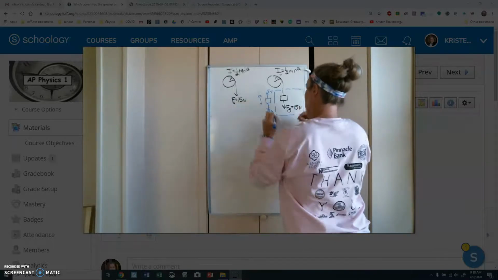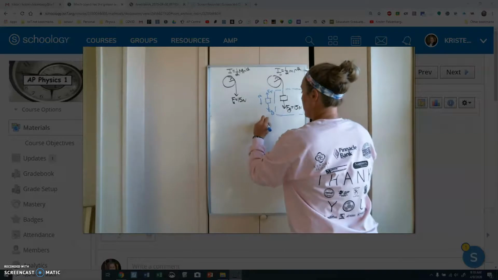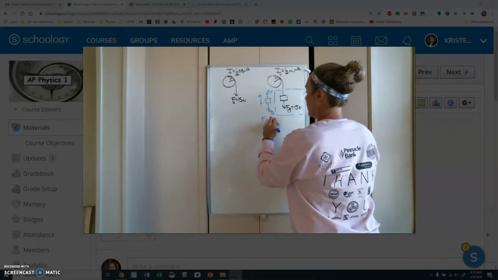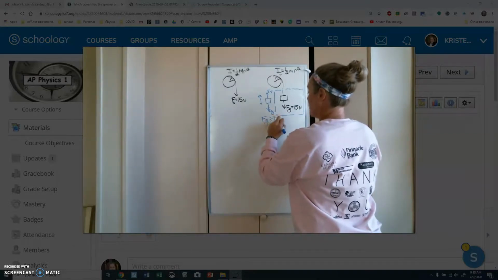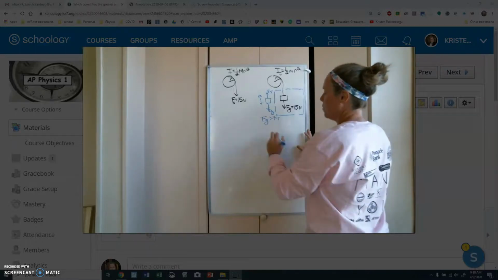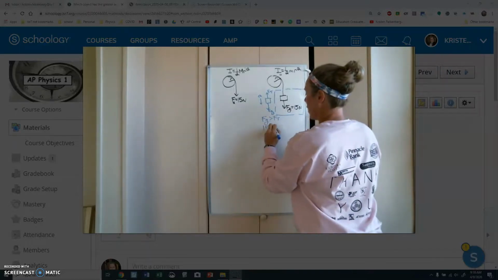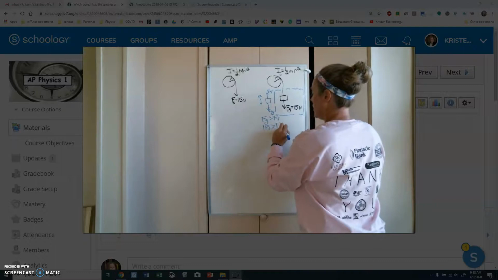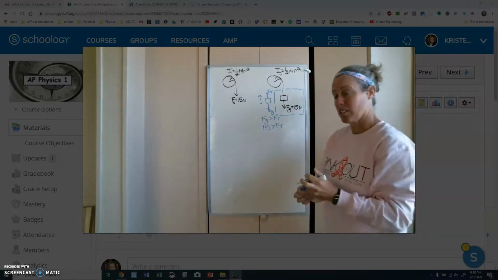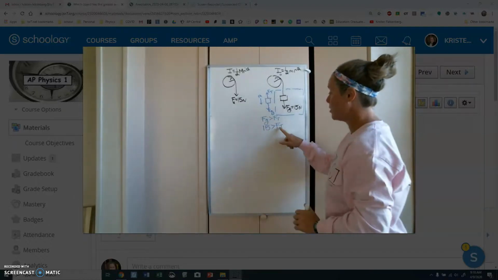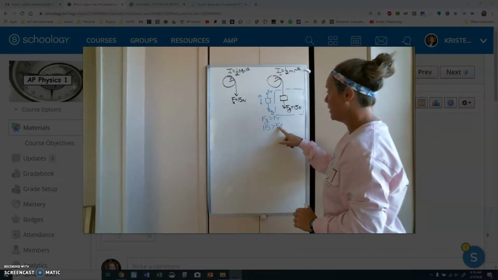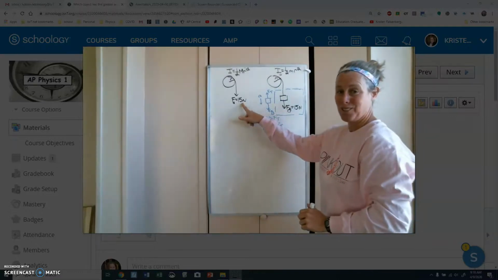Acceleration is down. So that means force gravity is greater than force tension, which means force gravity is 15. The actual tension applied is less than 15 newtons.